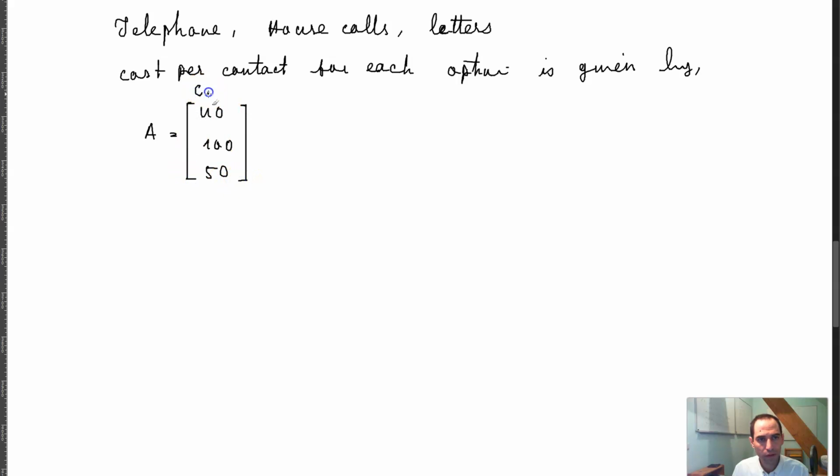That is the cost per contact. That is for telephone, that is for house call, that is for letter.